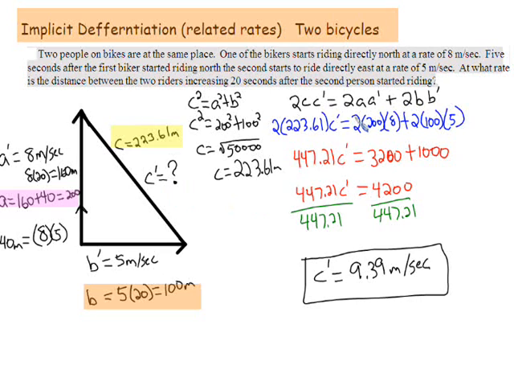That is the rate that I'm looking for. At what rate is the distance between 2 riders increasing 20 seconds after the second person started riding? 9.39 meters per second is that rate.